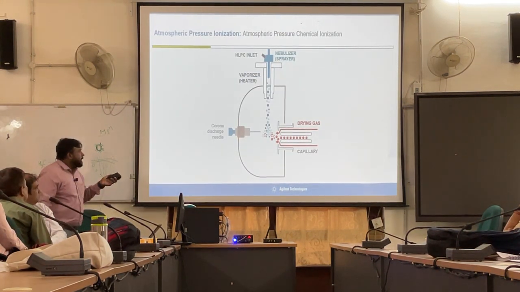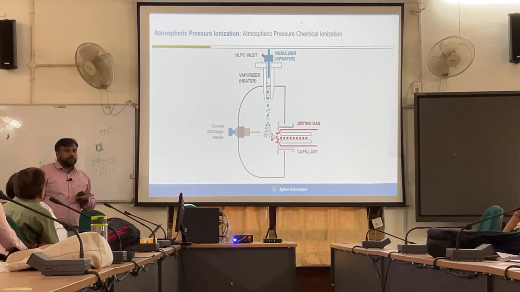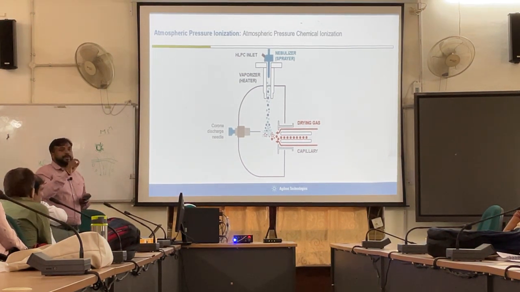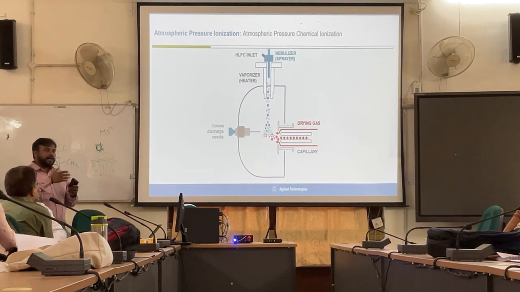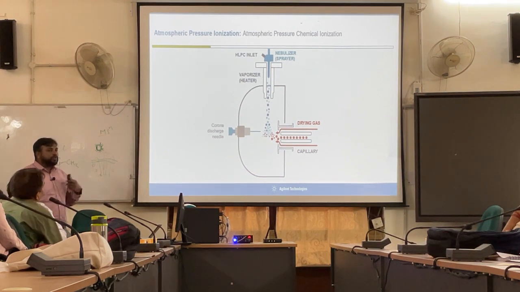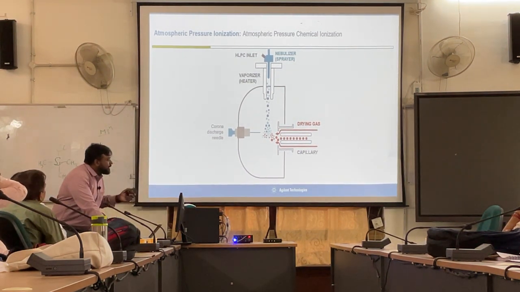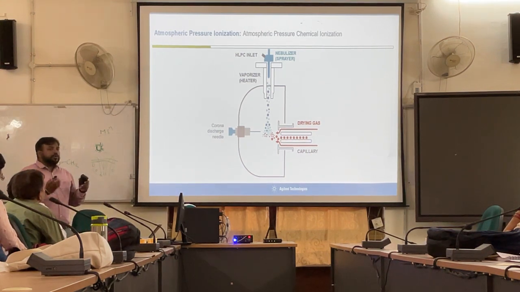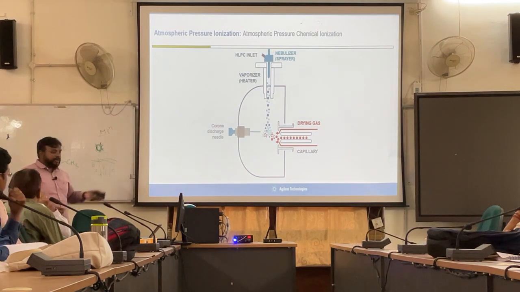And APCI, I think it has been explained, we are using the corona needle, which continuously bombards electrons onto the solvent. So charge is first transferred to the solvent, and after that it is transferred from the solvent to the molecule. So a non-polar molecule which is not ionized in solution can be ionized with the help of APCI.